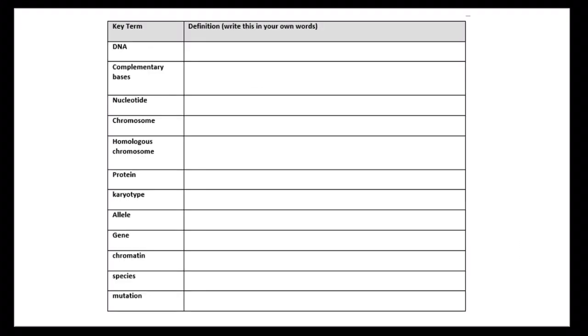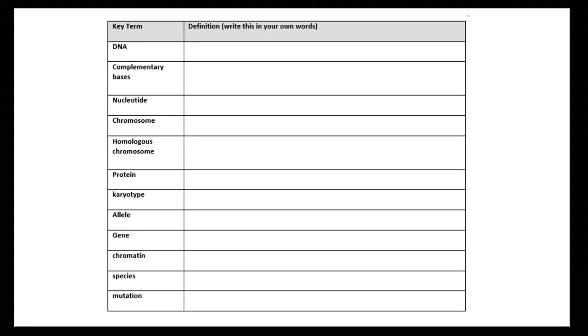This page is to help you recognize the key terminology for the unit. These are the key terms you are expected to know by the end of the unit, and what I want you to do is write a definition in your own words. By the end of the unit, you should have a good grasp on these terms. Feel free to Google the definitions to help gain a better understanding of what each term means.